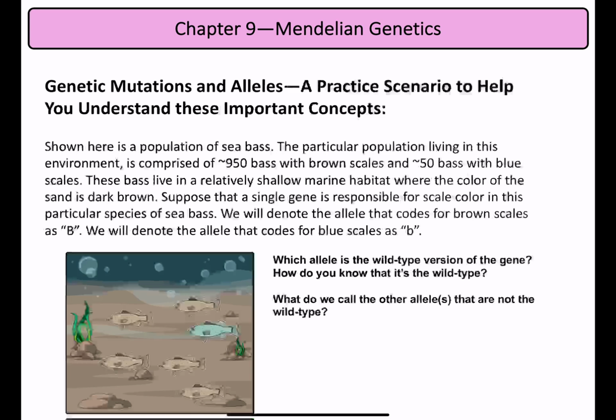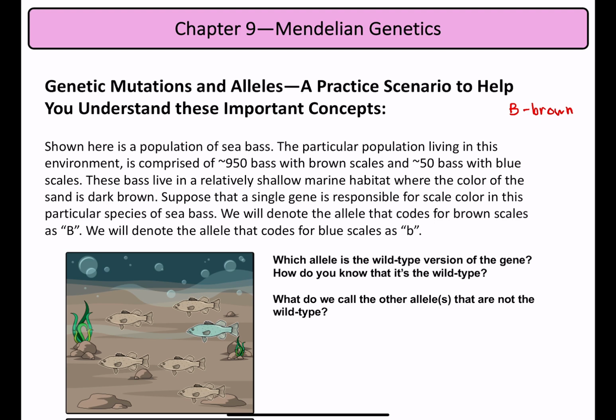I also say, suppose that a single gene is responsible for the coloration of these fish, the color of their scales. We will denote the version of a gene, the allele that codes for brown scales, as B. So I'm going to write that down. It's hard to write on PowerPoint, that's why it's a little sloppy.